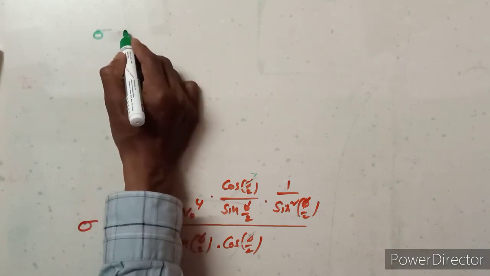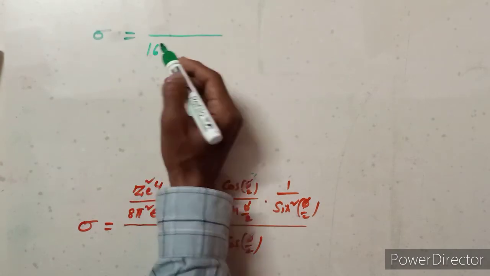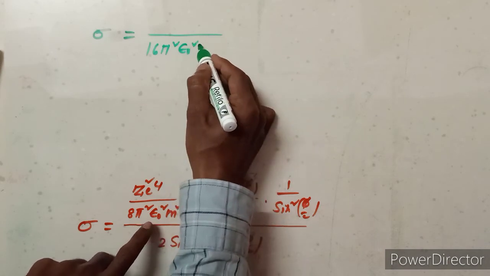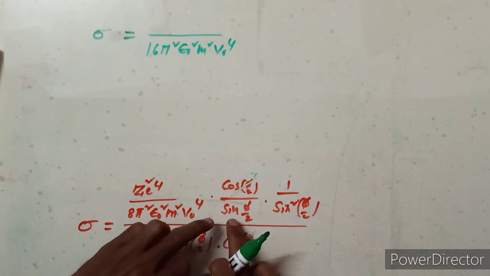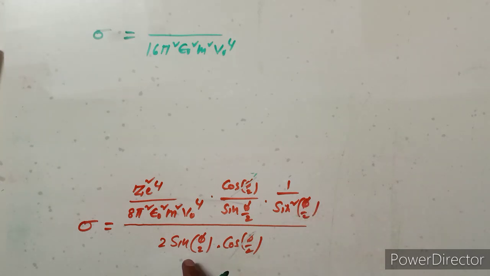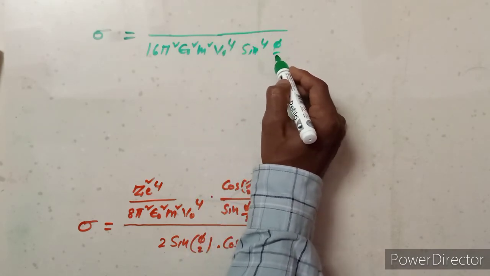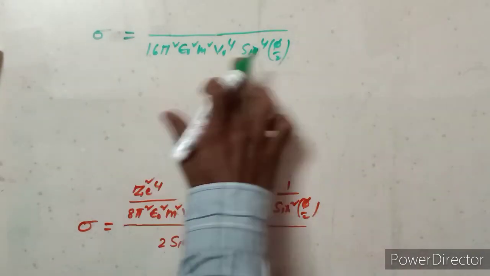Then sigma equals, 2 eights are 16 pi square epsilon naught square m square v naught to the power of 4, sin of phi upon 2 times sin square of phi upon 2, that is sin cube, and with the other sin phi upon 2 it is sin to the power of 4 phi upon 2. So this is the denominator.